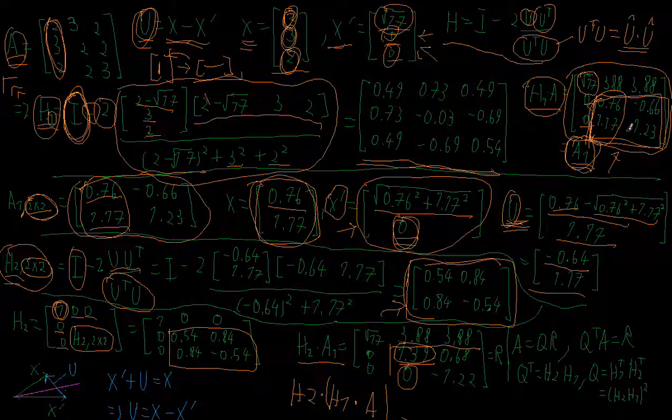And here we have 0.68 and negative 1.22, just for information. Great. So that is now our upper triangular matrix R. We have zeros below the diagonal.